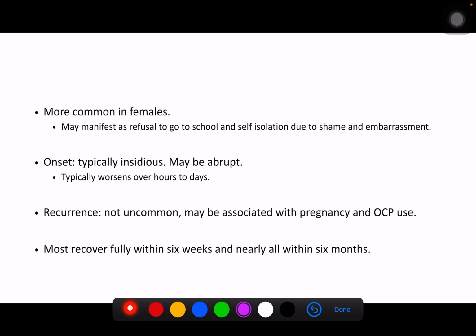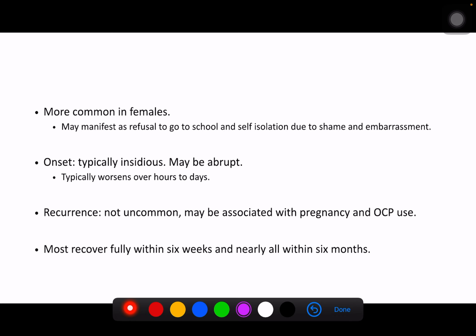It is more commonly seen in females. Onset may be insidious or abrupt. Recurrence is not uncommon, but it is a reversible condition. Most recover fully within 6 weeks, and nearly all within 6 months.